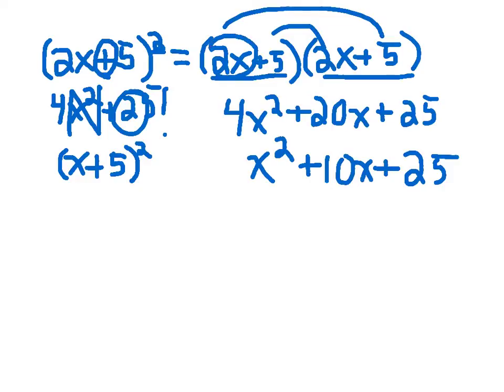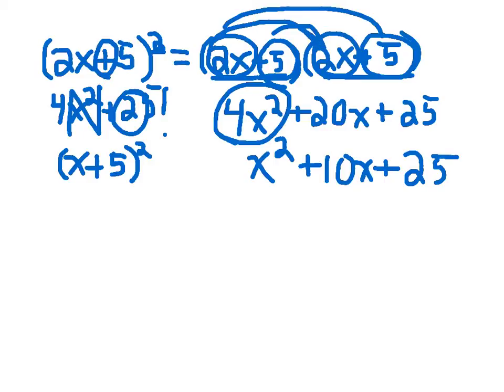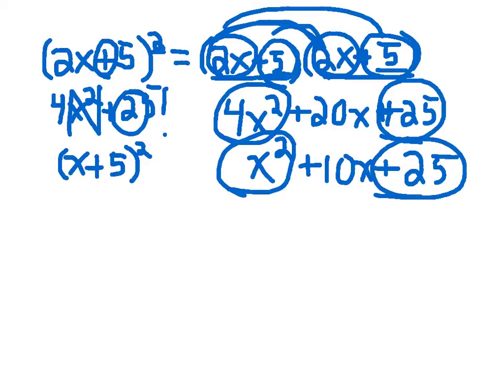That means, if I'm squaring it, these are the same, and these are the same, which means that 4x squared, the first term of a perfect square trinomial, has to be a perfect square, because that's what you get when you multiply the first terms. The last term also has to be a perfect square, because it's what we get when we multiply the lasts. Same thing here. x squared has to be a perfect square, and 25 has to be a perfect square.